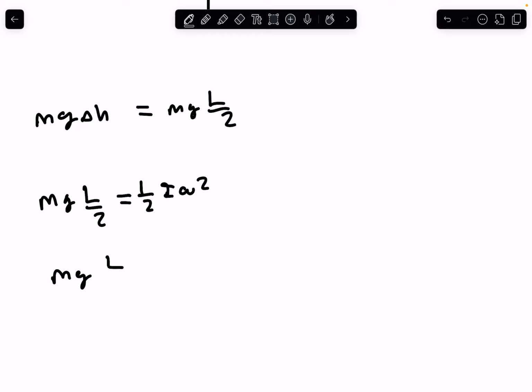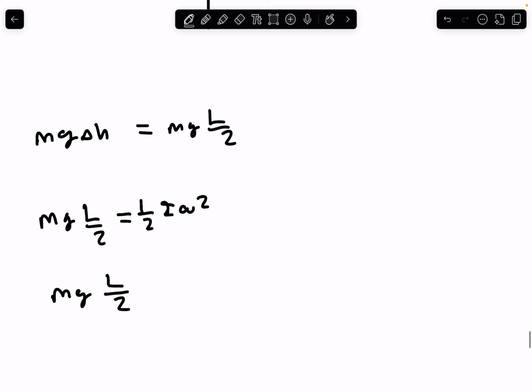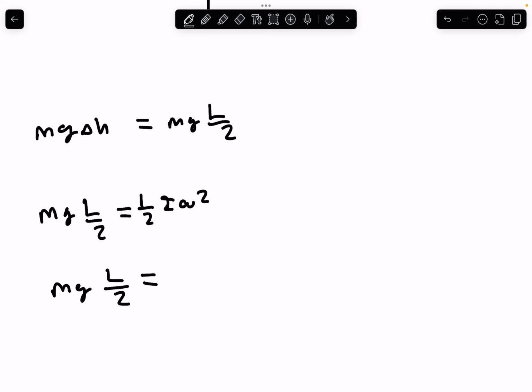It's actually asking about the angular velocity, so you won't have to expand on it. But for the moment of inertia, you'll have to do half times mL squared in this situation, since it's denoted by L, so it's going to be like this, omega squared.